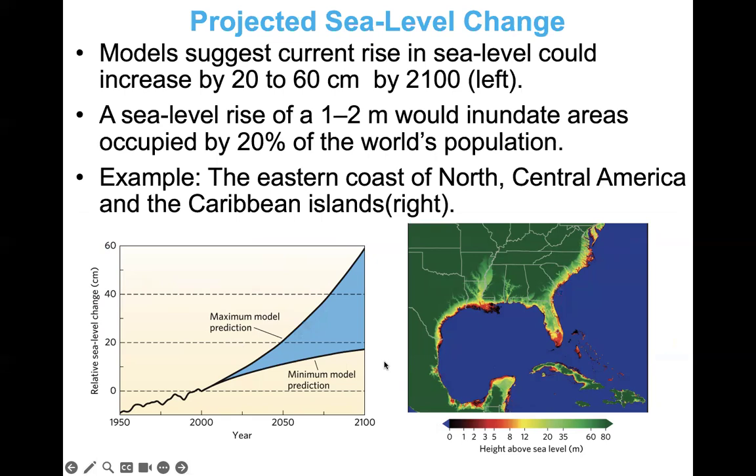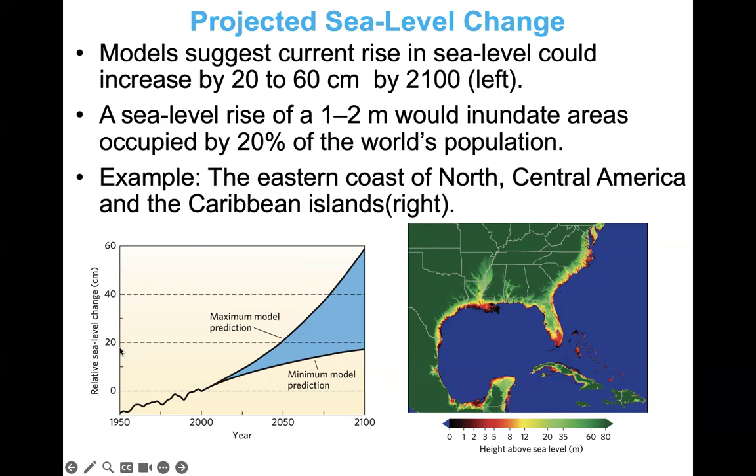We have also a projected sea level change. The model also suggests the current rise in sea level could increase by 20 to 60 centimeters by 2100, as you can see here. So this is the minimum model prediction. This minimum prediction predicts that in 2100 we have this amount of sea level change, I mean, that will rise.